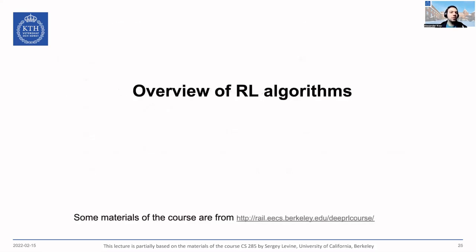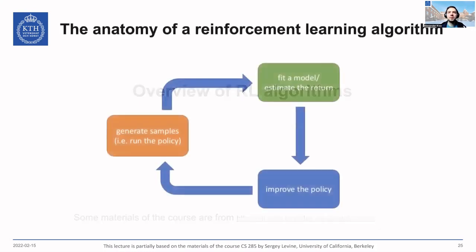So now we hopefully have a little bit more time to talk about the algorithms that exist out there. There are a few very big classes, and we'll talk in more detail about those classes later. So let's first introduce the general structure of a reinforcement learning algorithm. It's pretty simple.